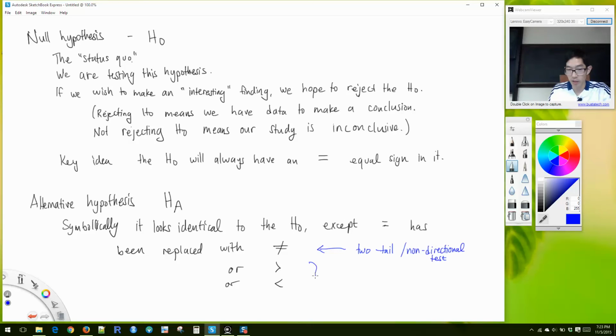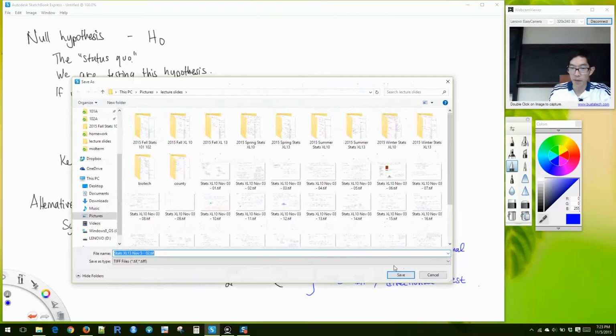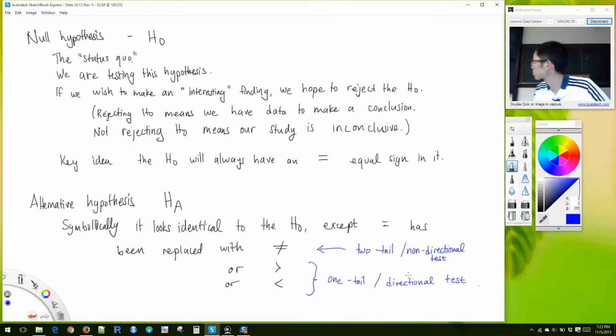And if we have either a greater than or a less than sign, this is known as a one-tail or one-sided or a directional test. This is kind of getting into the mechanics of hypothesis testing.